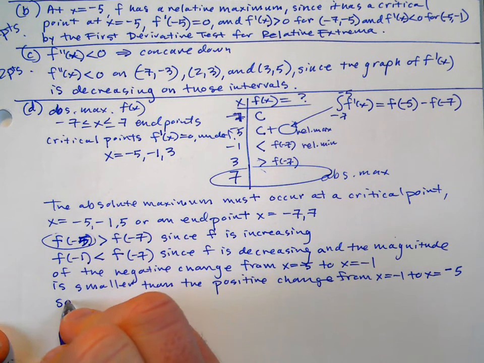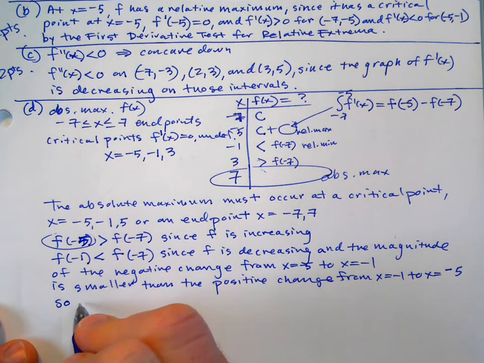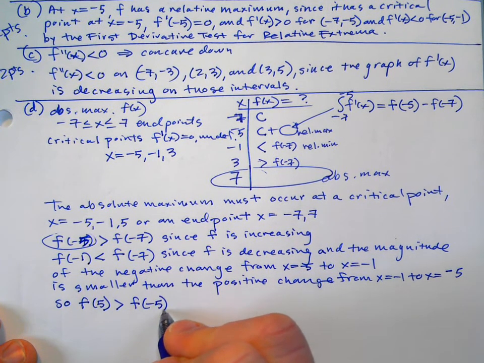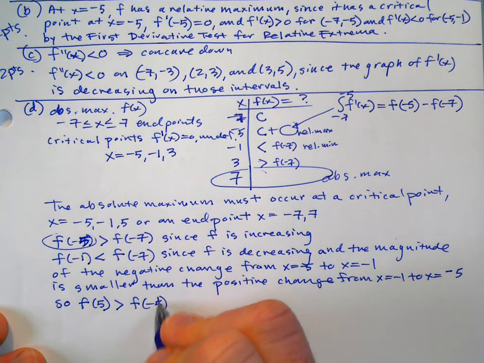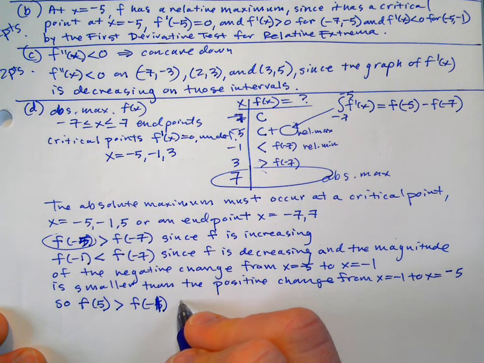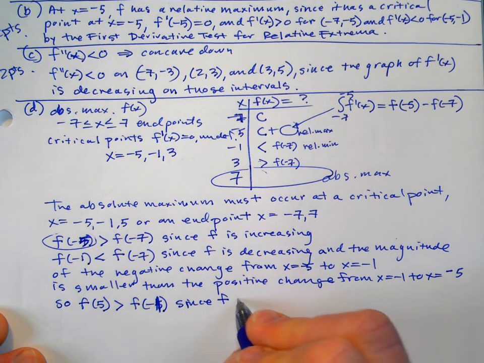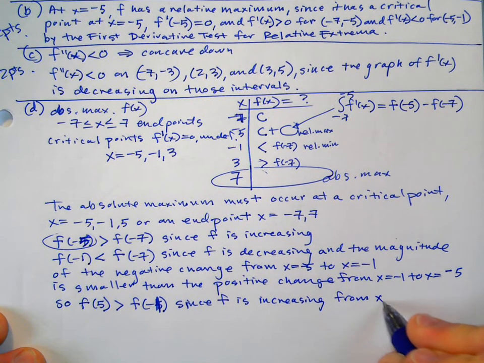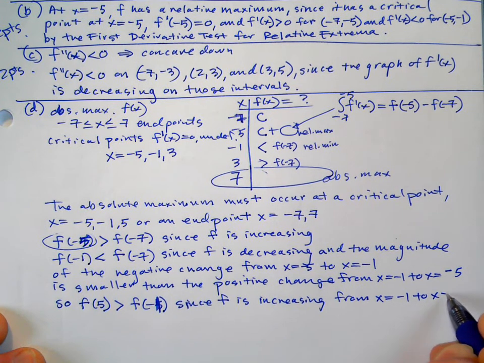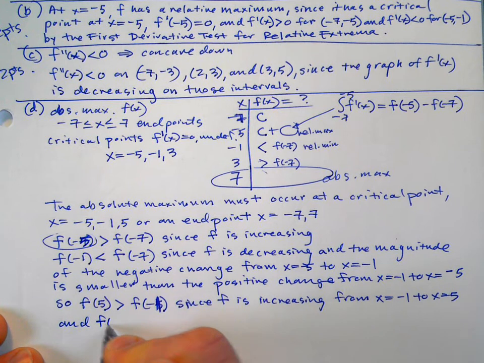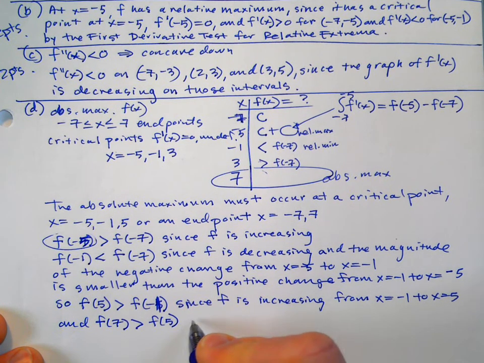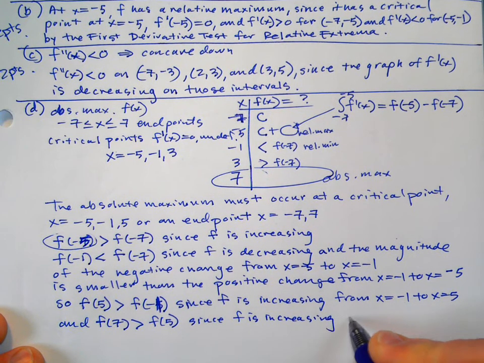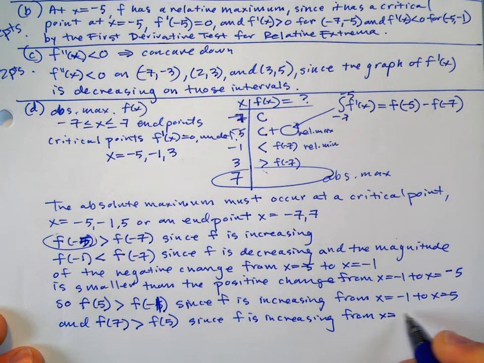And then f of 5 is bigger than f of -1, since f is increasing from x equals -1 to x equals 5, and f of 7 is even greater than f of 5 since f is increasing from x equals 5 to x equals 7.